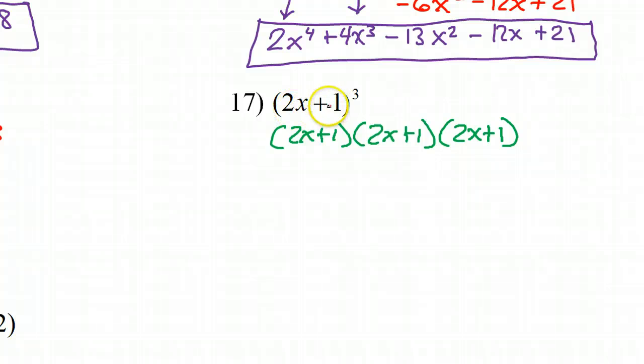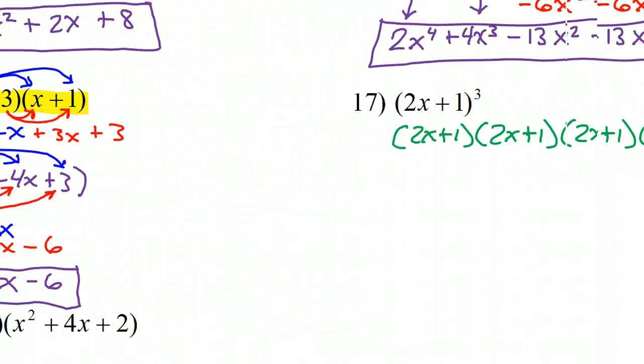All right, if you have something to the third power, it means multiply that thing times itself 3 times. Notice I cannot just cube the 2x and cube the 1. That does not work. All right, instead I have to do number 17 the same way I did number 16.